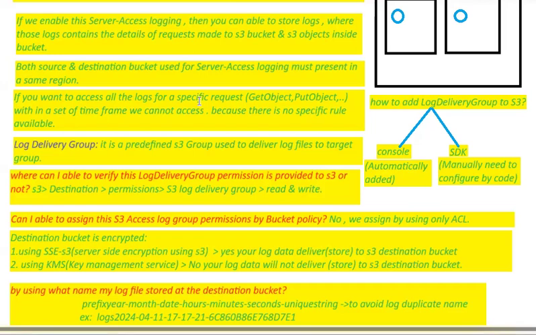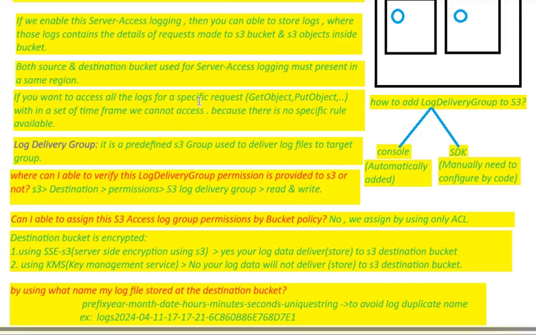So let's say my destination bucket is encrypted using SSE, server side encryption. Can I put my log files under this destination bucket? Yes. Server access logging can put your log files under the destination bucket when your bucket is server side encrypted. If your destination bucket encryption is KMS encryption, is it possible for server access logging to put your log files under the destination bucket?